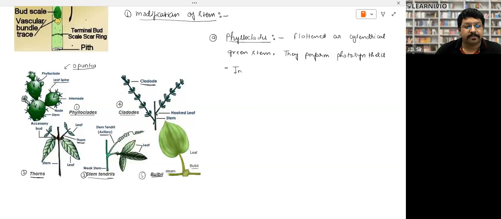In these plants, leaves are modified into spines to reduce transpiration.